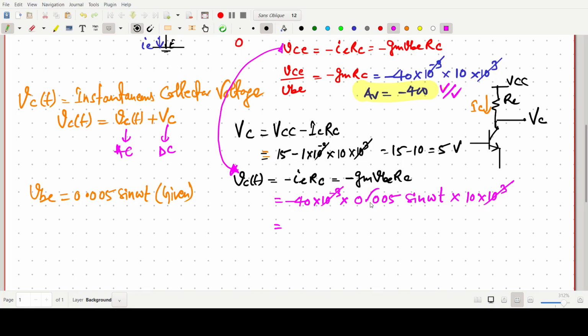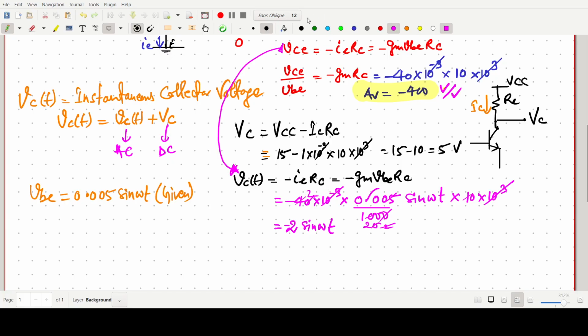Or it can be solved like this: if you remove the decimal, the thousand cancels out, then 5 and 20, then 10 to the power 2. If you solve, it will come 2 sine omega t with a minus sign.